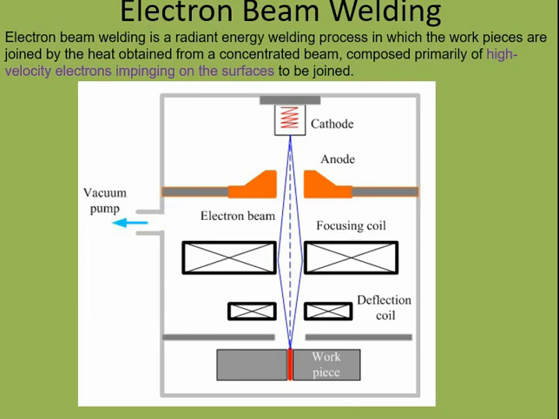So the definition is: electron beam welding is a radiant energy welding process in which the workpieces are joined by the heat obtained from a concentrated beam composed primarily of high velocity electrons impinging on the surface to be joined. So definitely in this system we should have an electron generator, and the setup schematic is shown here. I will explain step by step how it is constructed and how it works.